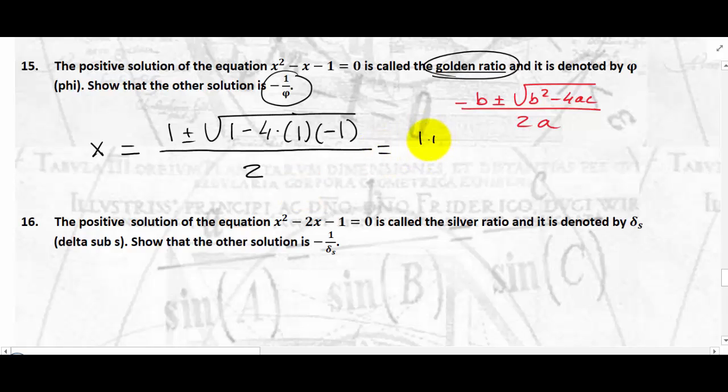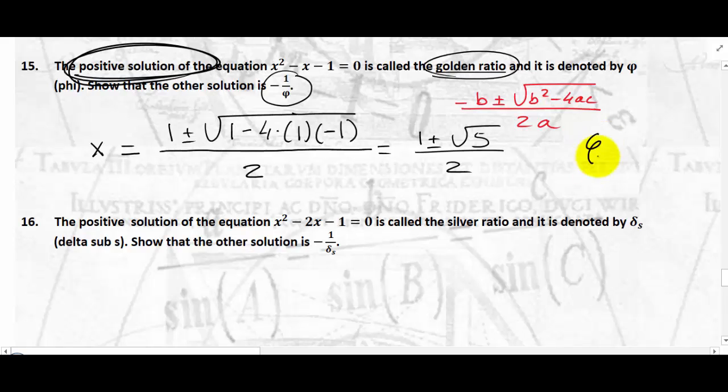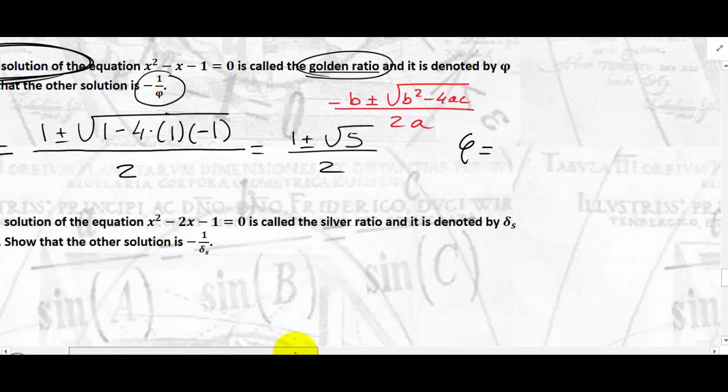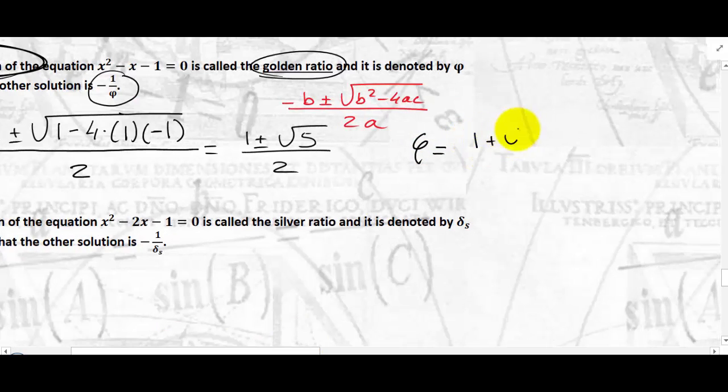Alright, so I have 1 plus or minus square root of 1 plus 4, 5 over 2. Okay, which one is phi? The positive solution. So phi is 1 plus root 5 over 2. I hope you did not hesitate here, okay? 1 minus root 5 over 2 is not positive, it is negative.